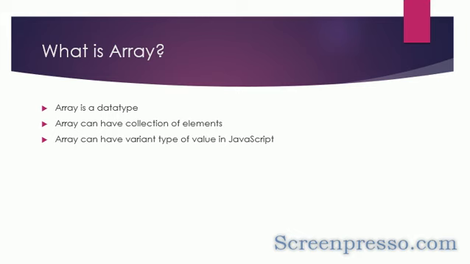Next, what is an array? Array is a data type. Array can have collections of elements. Array can have variant types of values in JavaScript. For example, I am giving the values 1 to 10 and telling you to store those values.